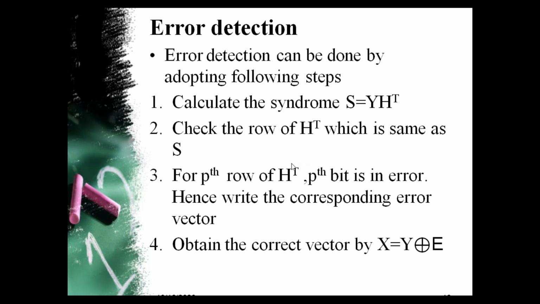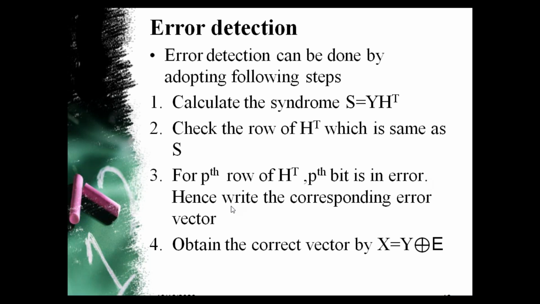Similarly, if the product Y into H transpose is the same as the fourth row of the H transpose matrix, then we can say the fourth bit is in error in the received code word. In general, if the Y into H transpose product is the same as the pth row of the H transpose matrix, then the pth bit is in error.